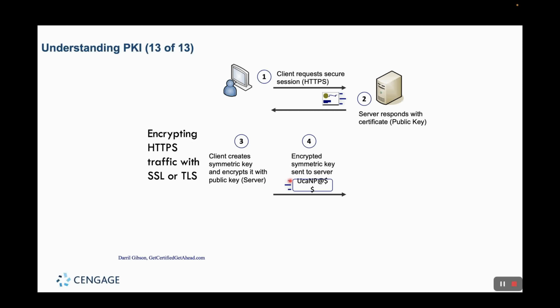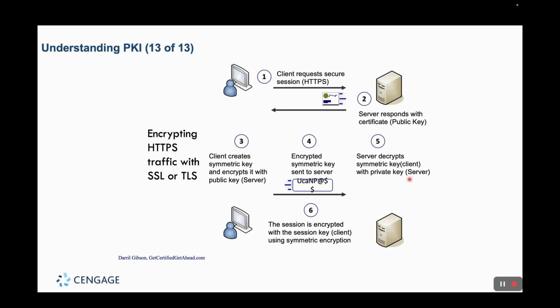The encrypted symmetric key is sent to the server, and the server decrypts the client's symmetric key with the private key of the server. Finally, after this process has been completed, the session is encrypted between the client and the server, and this is how you can access a secure website, log into the website, and do whatever you want to do on a secure site.